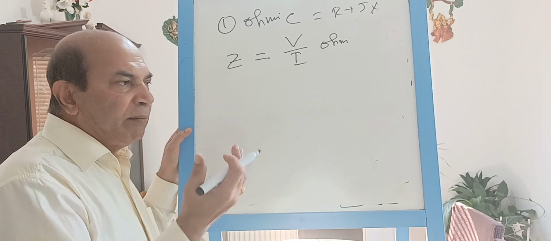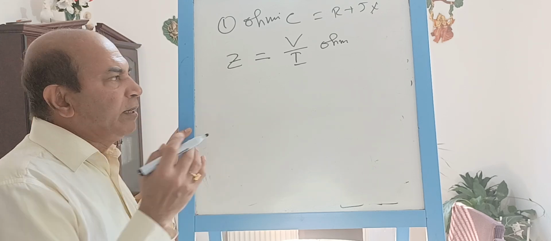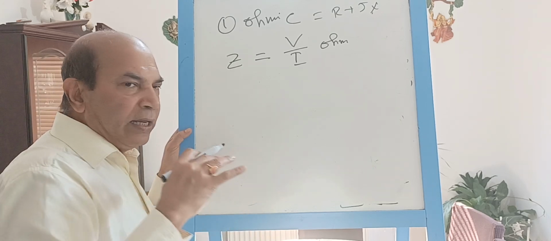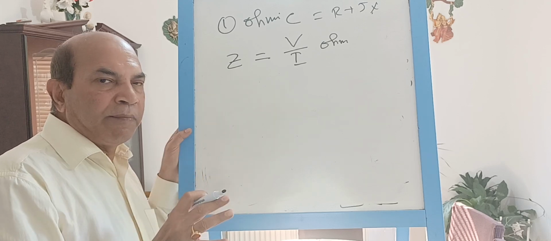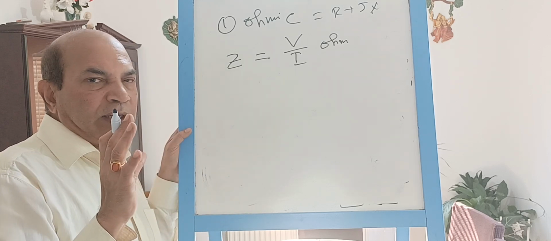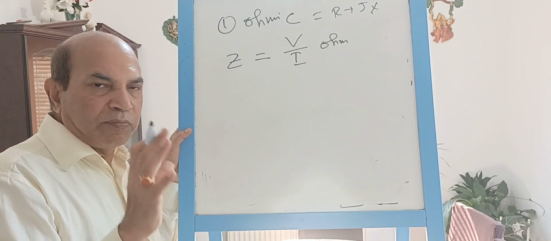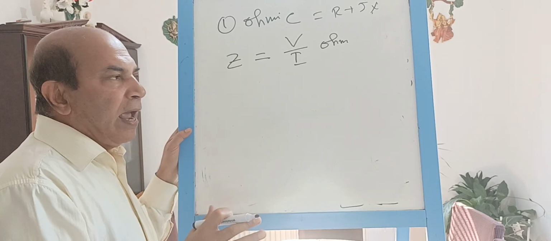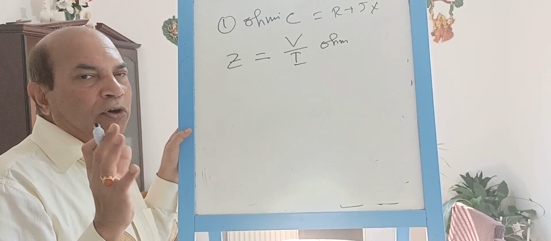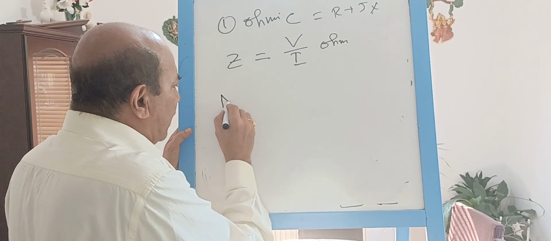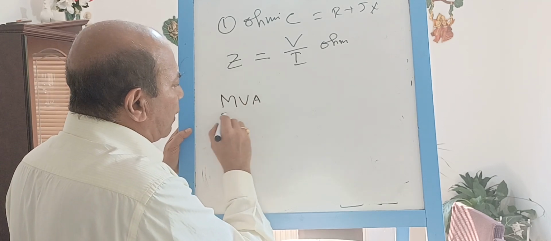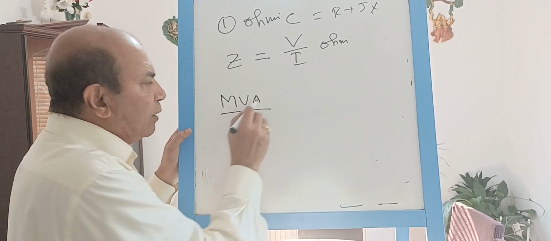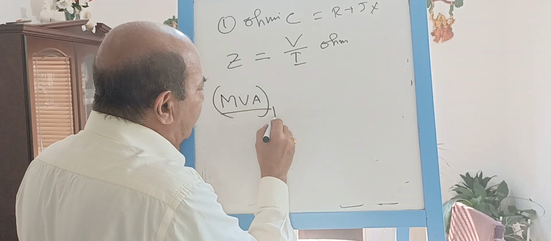So to compare with the base unit, we consider two base parameters. One is for the total electrical system: what is the MVA capacity of the system? That is one of the base units. And the other is the base voltage. We know power we measure in MVA, so we consider a base MVA.